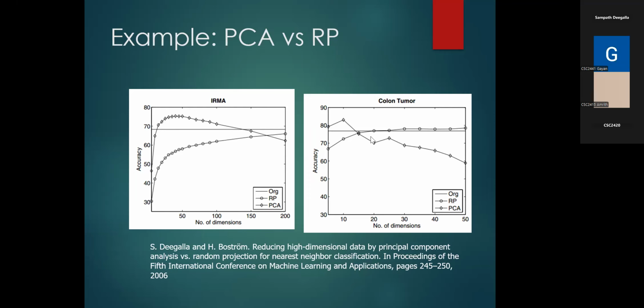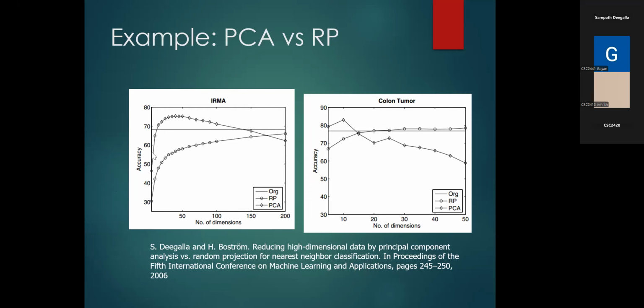Again, we noticed that when you apply principal component analysis, especially for microarray data, it fails. Fails means you get a better accuracy at first, but once you have more dimensions, it decreases the accuracy, whereas random projection consistently improved the accuracies.